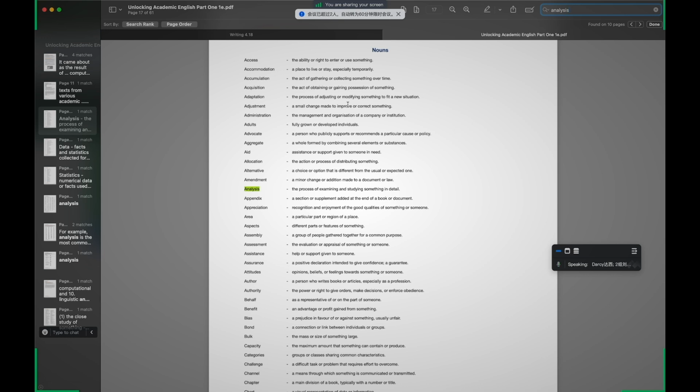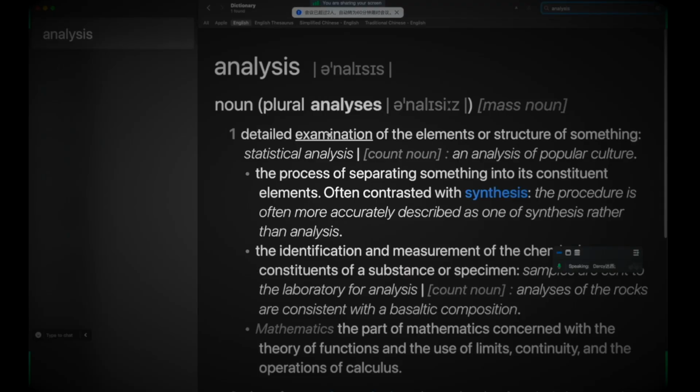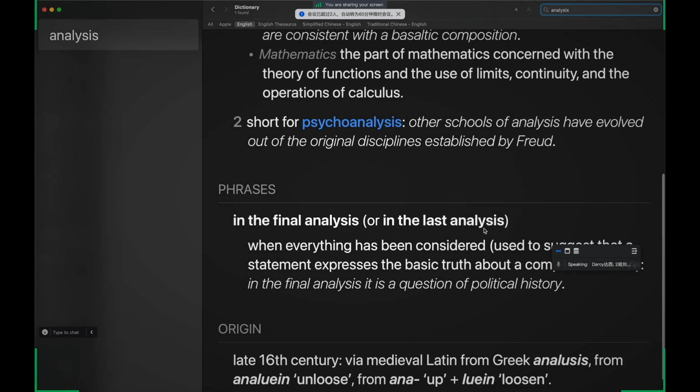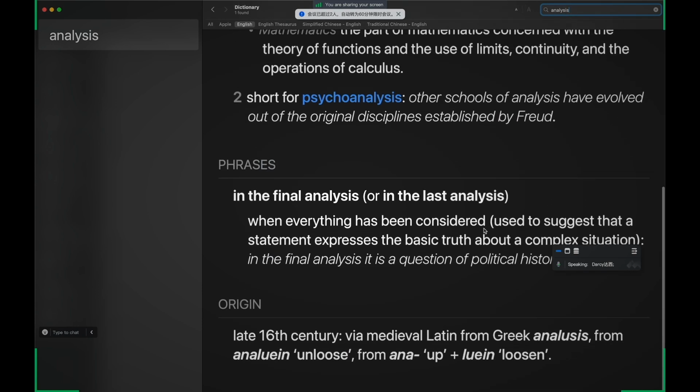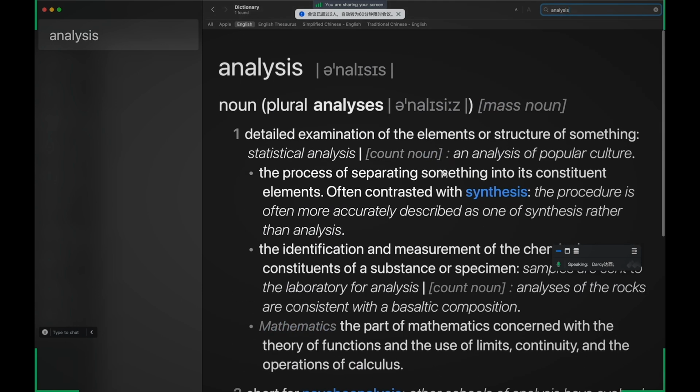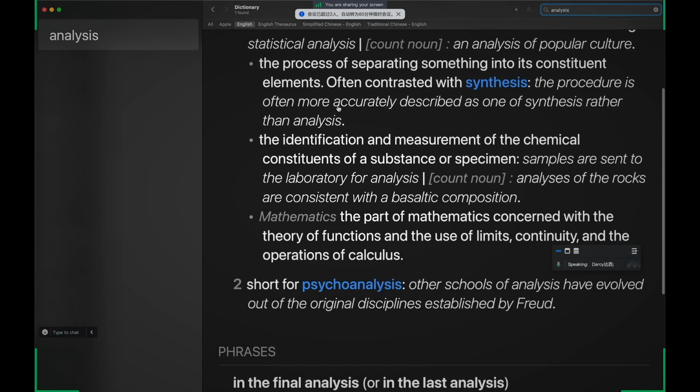So they made the decision, instead of making this list 5,000 words long or 10,000 words long or whatever, right? In the dictionary, if we look up analysis, right? It tells us that it's a noun. It doesn't tell us, well, here.